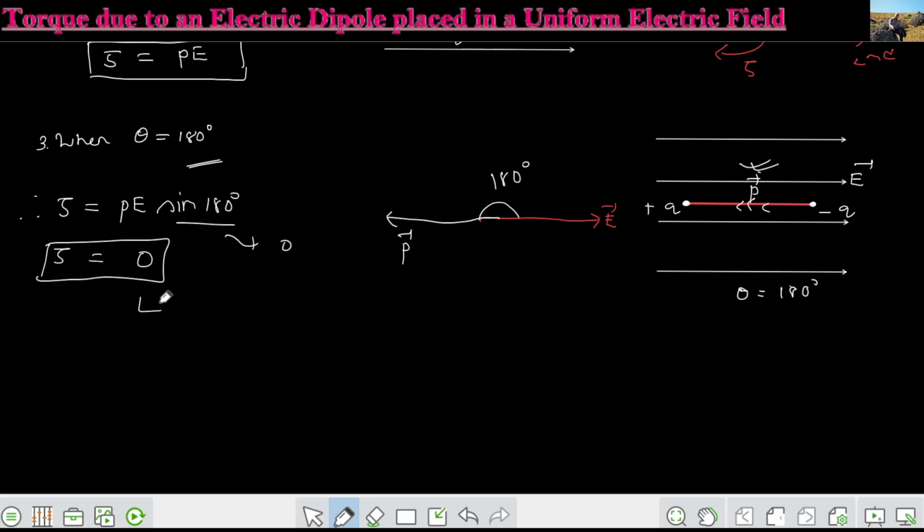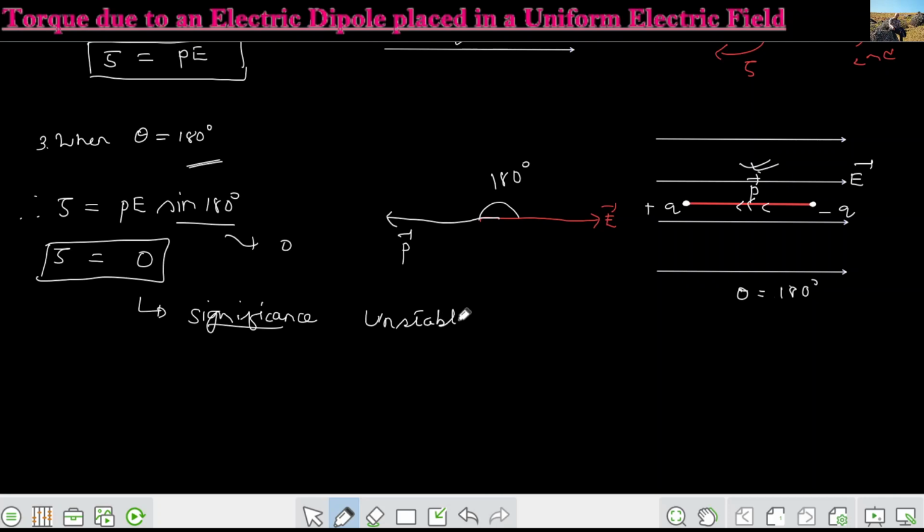But there is one important conclusion from here. The physical significance of this is that the dipole will be in a position of unstable equilibrium.